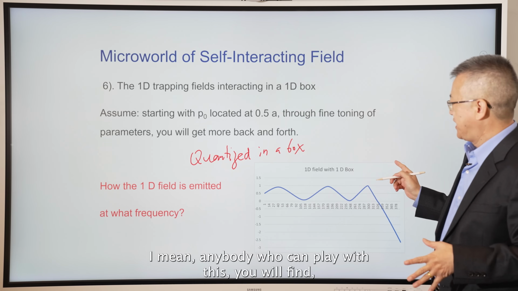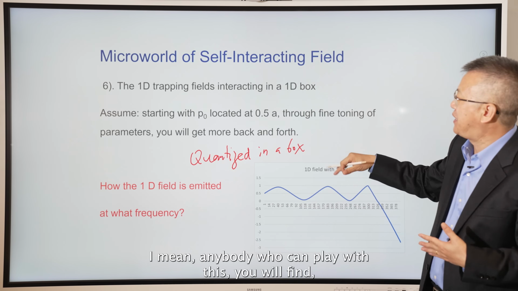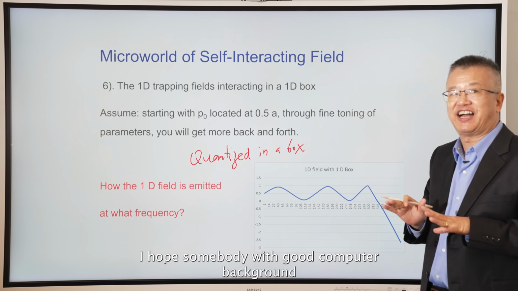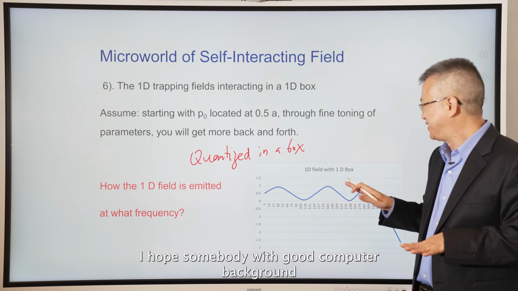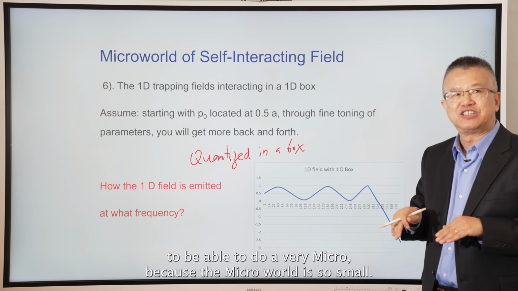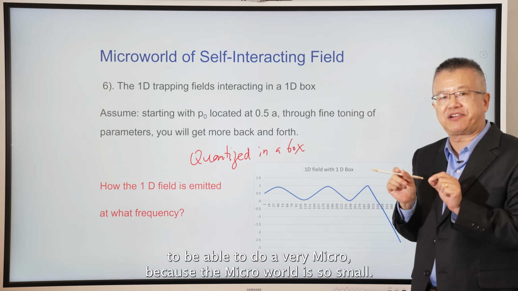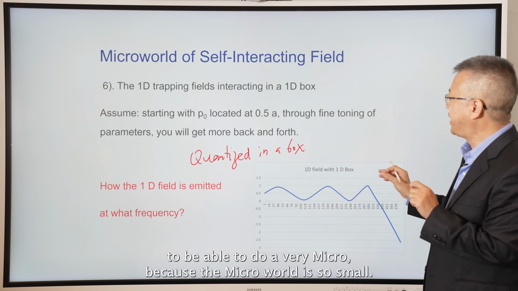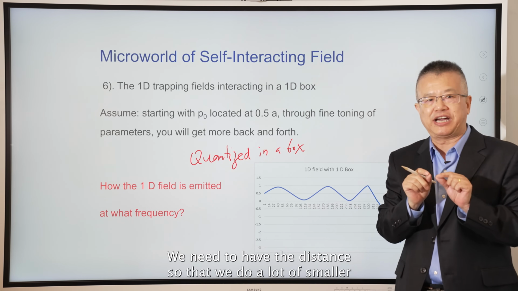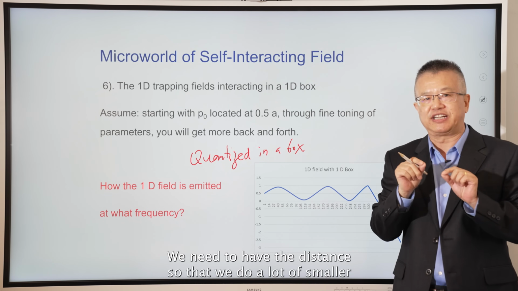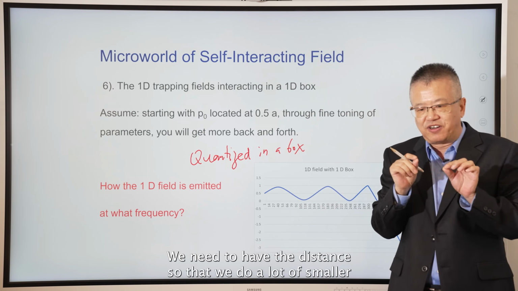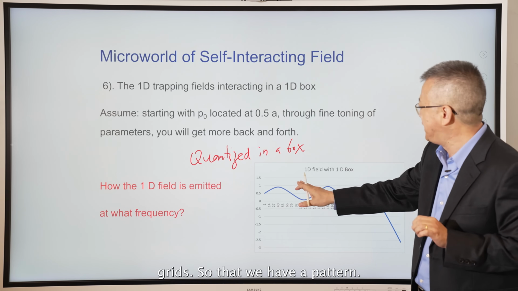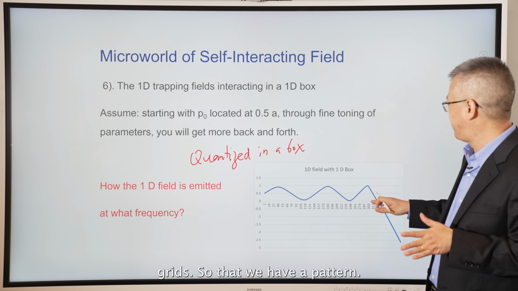Anybody can play with this. I hope somebody with a good computer background can do a very micro simulation, because the microworld is so small, we need a lot of smaller grid so that we have a pattern.